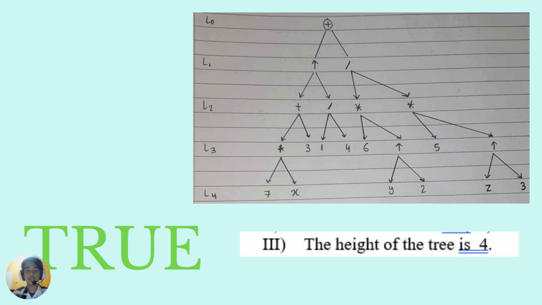This is considered level 1. Each level below, just add 1. So level 2 will be plus slash 2 asterisks, and level 3 will be asterisk 3, 1, 4, 6, and so on. So in this example, the height of the tree is 4, which is correct because the last level in this tree is 4.